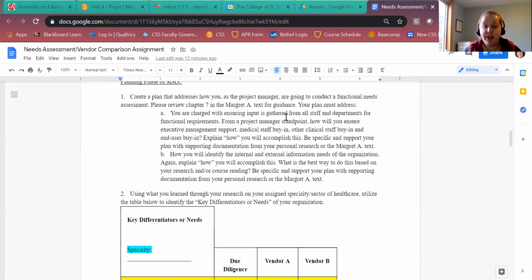What I'm really looking for is your explanation of how you're going to accomplish this. You should be as specific as possible and support your plan with as much supporting documentation from your research or the Margaret A text as possible.